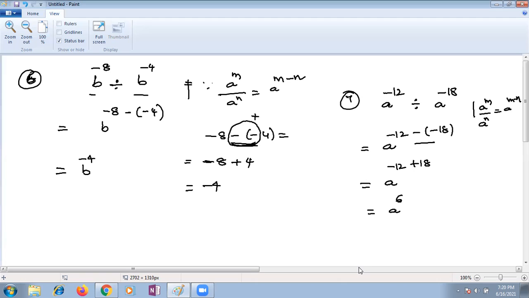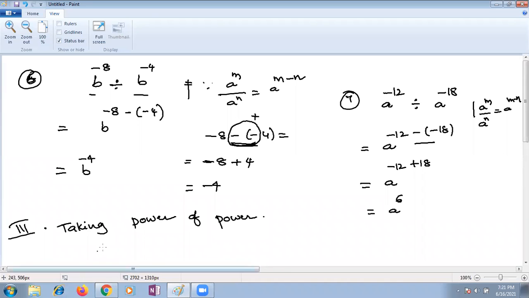This is the third law of exponent: taking power of power. Power means what, children? Any time you are getting power of power, always multiplication, children.